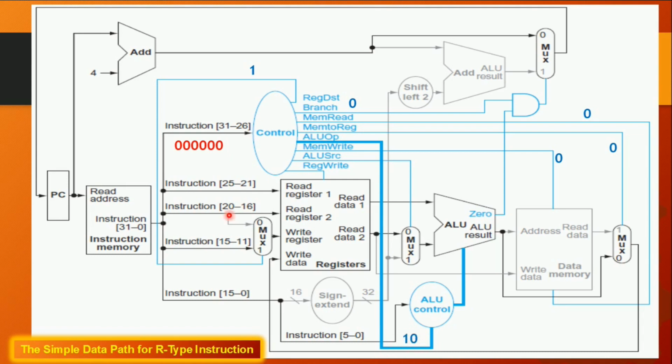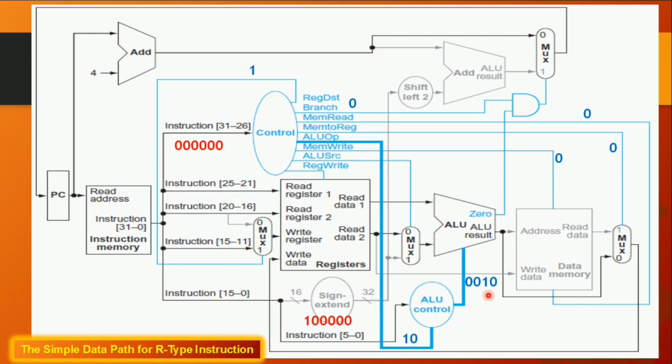Now, the control signal for the ALU will be generated based on ALUOp as well as the last 6 bits of the instruction. The last 6 bits are 100000. By combining these two, the ALU control for addition will be generated, that is 0010.